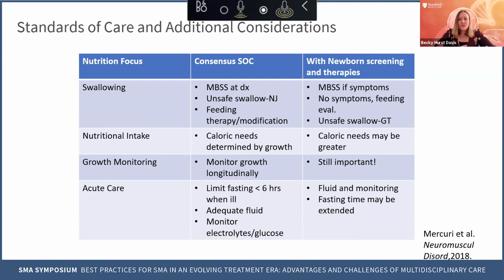Nutritional intake, we just really look at calorie needs based on growth. And so we look at this over time. This was the consensus, because just one look at the growth curve is not enough time.